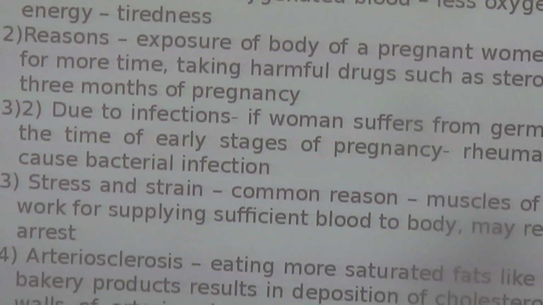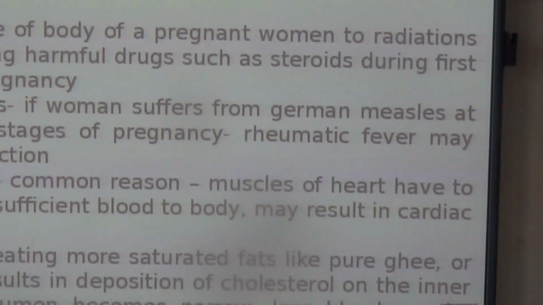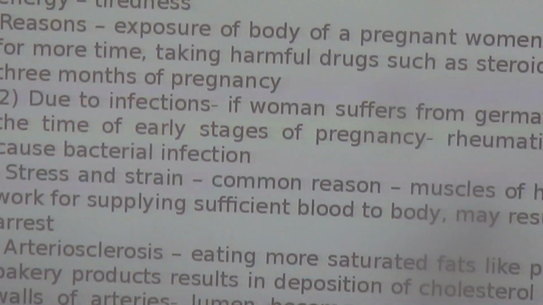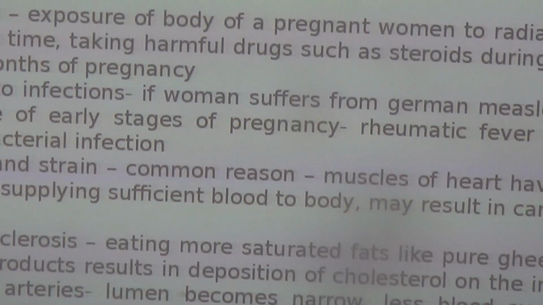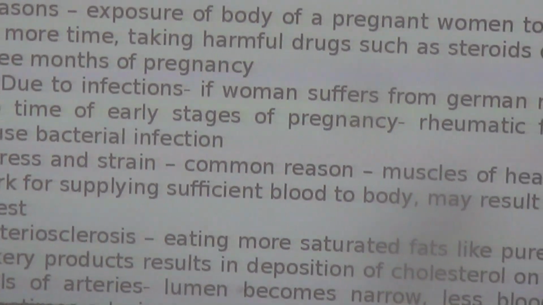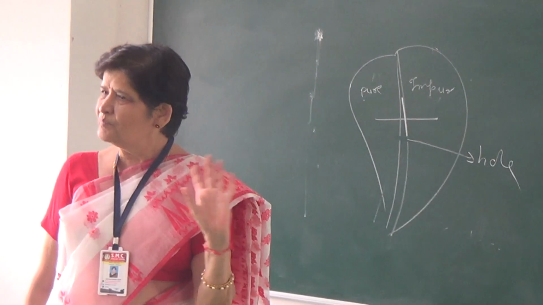Next, due to infection, you know that bacteria and viruses cause various infections. So, if the woman suffers from German measles, you know the measles, कांजण्या त्याला म्हणतात, माहिती आहे ना? But these are a special type of measles which are called German measles.